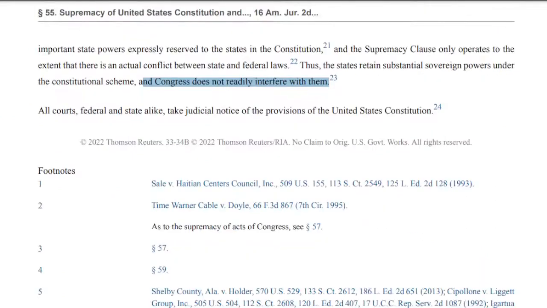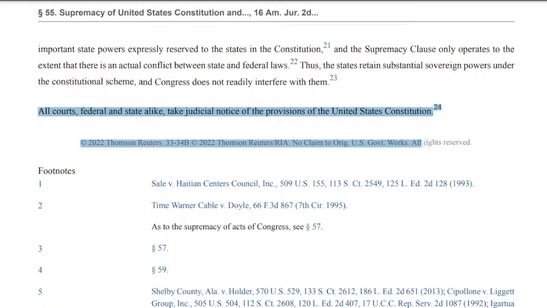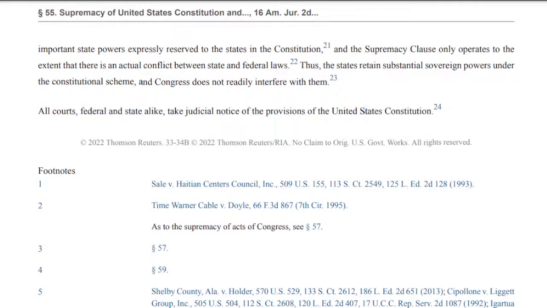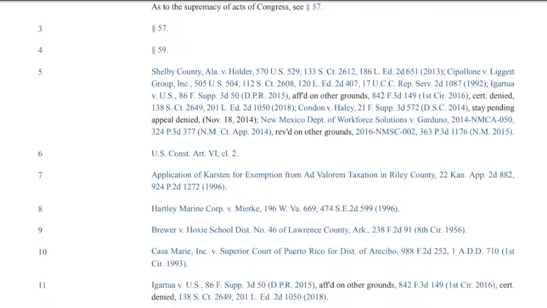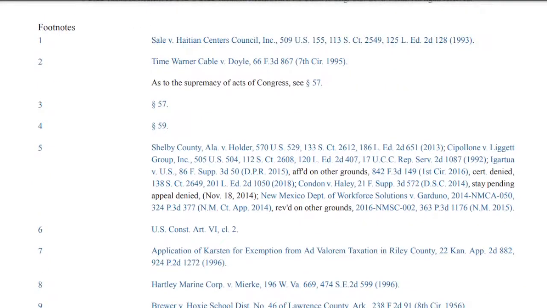All right, let's continue. All courts, federal and state alike, take judicial notice of the provisions of the United States Constitution. Now, this is a great statement here. And we have footnote 24, so let's get right to it. Let's look through here real quick on the way to 24. Time Warner, it's 1995, as to the Supremacy Clause.